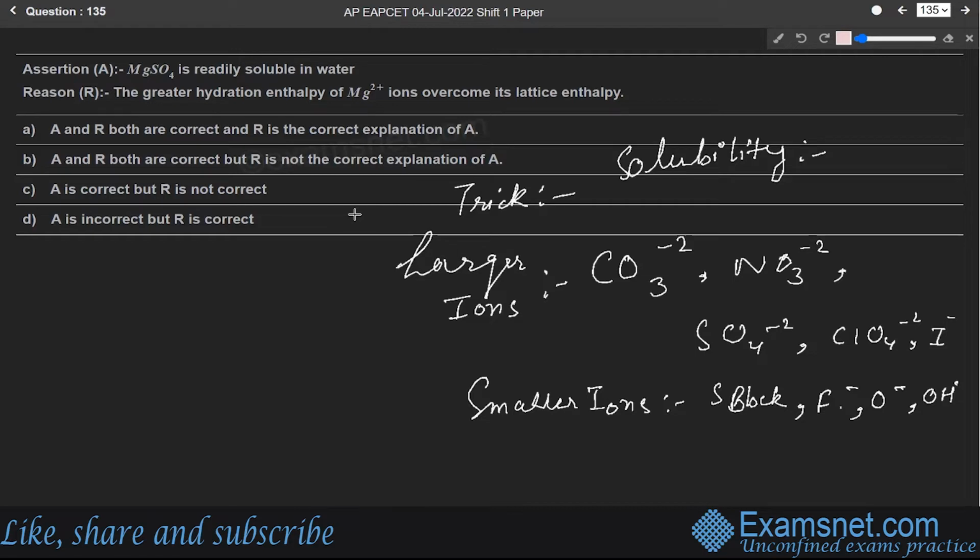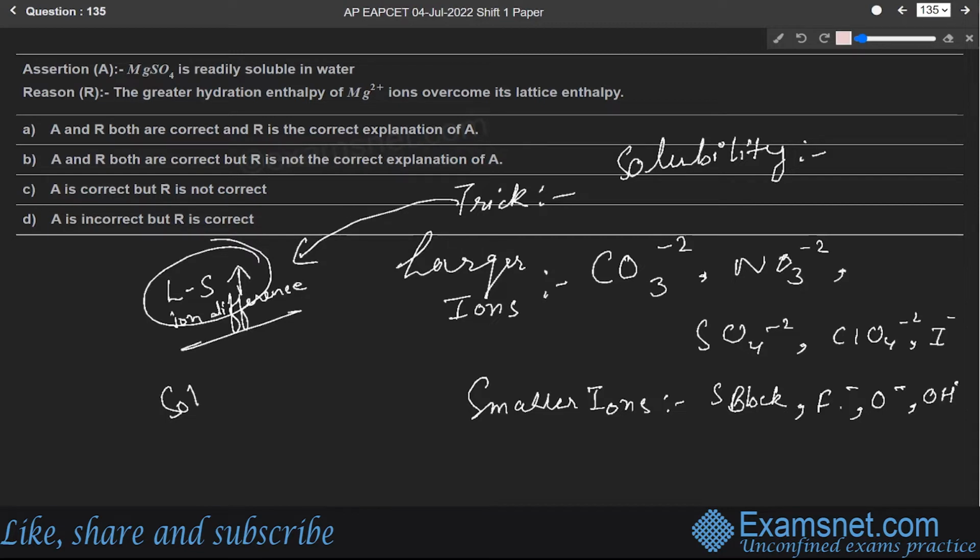So how will you do solubility? The trick is that the greater the difference between larger and smaller ions, the higher the solubility. If the difference is small, solubility would be low. If the difference is large, solubility would be high, right?